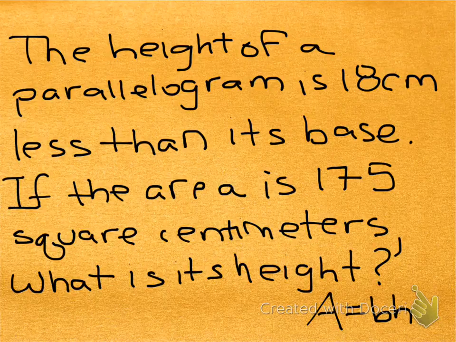So if the height is 18 less than its base, we need to write this as two groupings of terms. So the height is going to be represented with h, and so h is b minus 18.